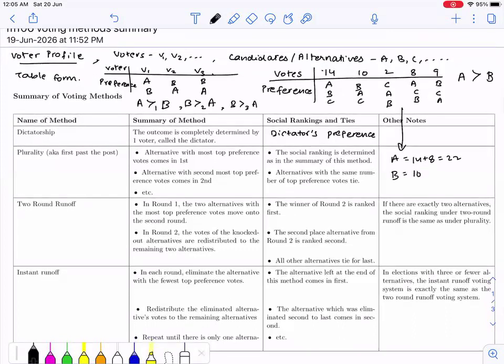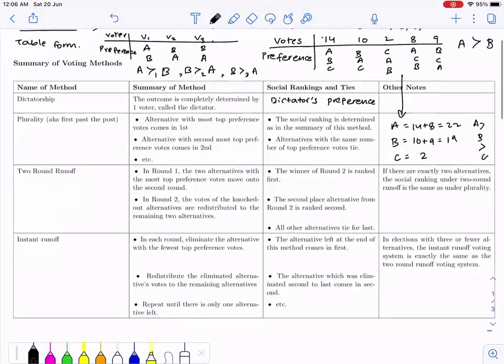B has 10 plus 9 top votes. And C has only 2. So the social ranking according to this system would be A greater than B greater than C. Okay. So we only look at the top preferences in this voting system. And the candidate that gets the most number of top votes comes in first. Who gets the second most number of top votes comes in second, and so on.